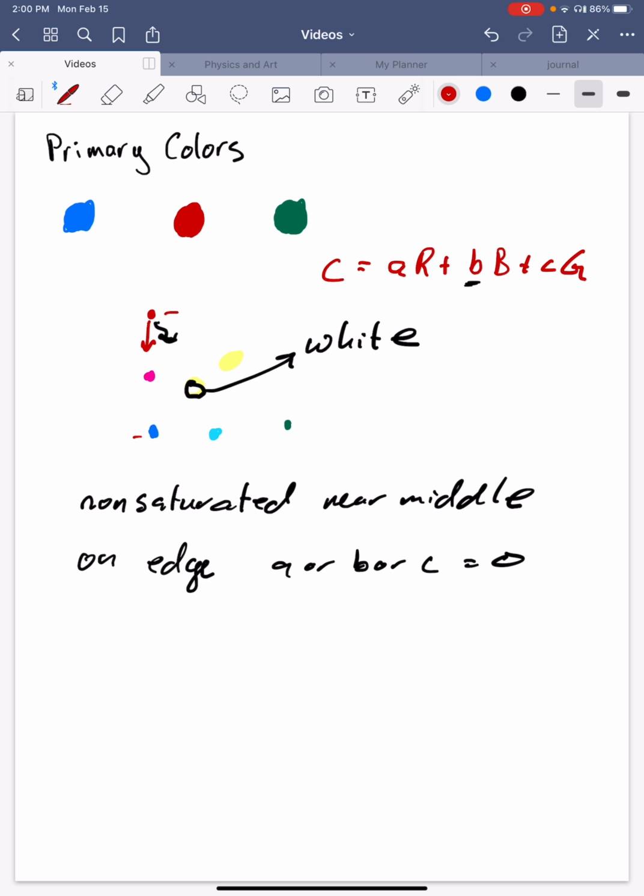So that means this picture, which is a triangle, forms the color triangle. And the color triangle gives me saturation and hue.